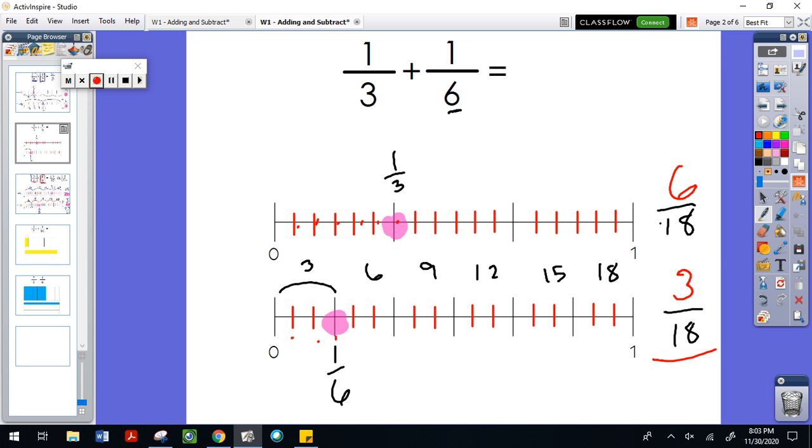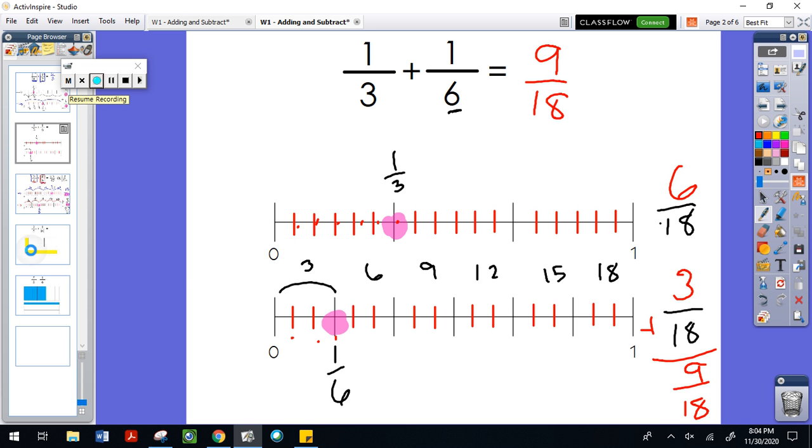All right, so if we add these two together, 6/18 plus 3/18 will give us 9/18. So 1/3 plus 1/6 is equivalent to 9/18.